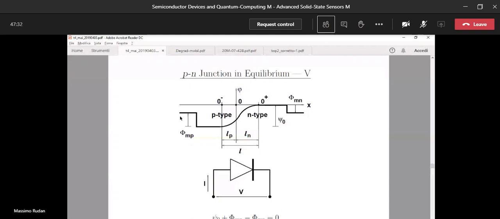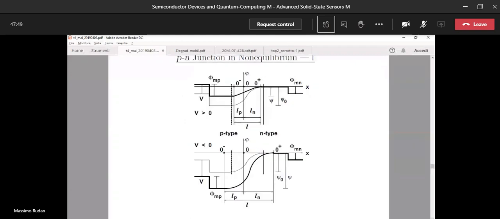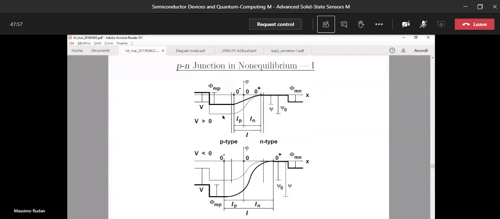And then you remember for a positive bias, the left side here will go up. For reverse bias, it will go down. And these are the two outcomes, okay? So the upper part is related to the direct bias, positive V, okay?